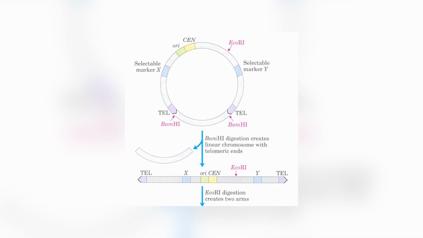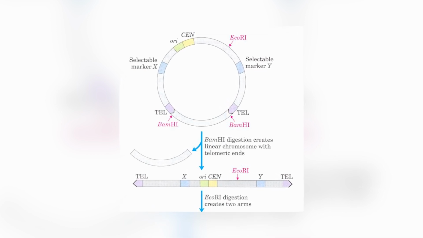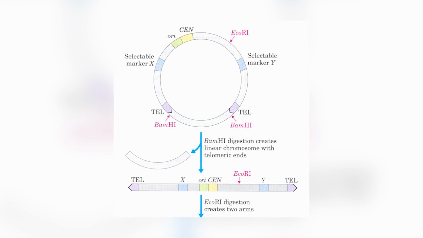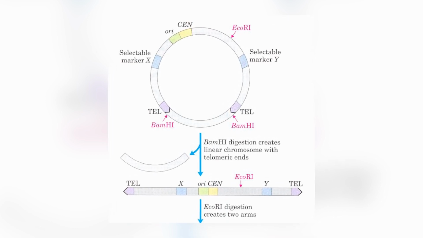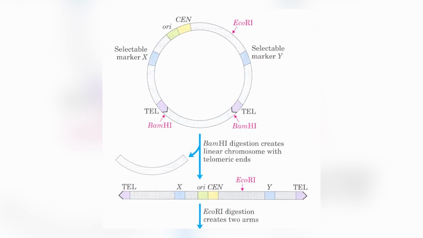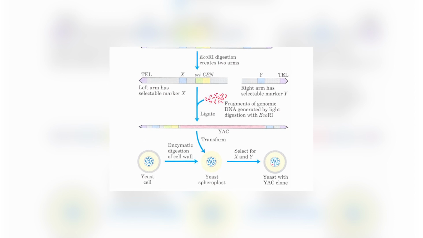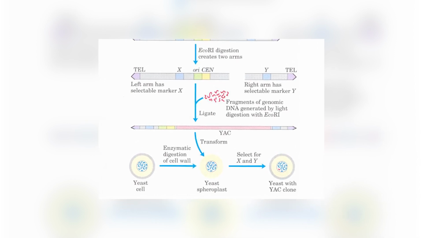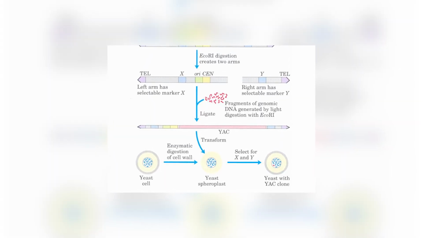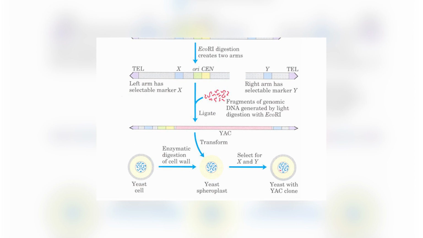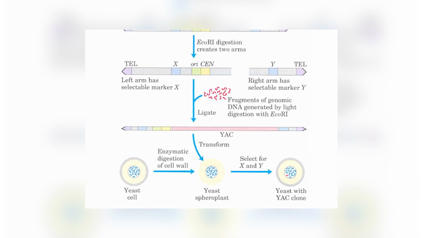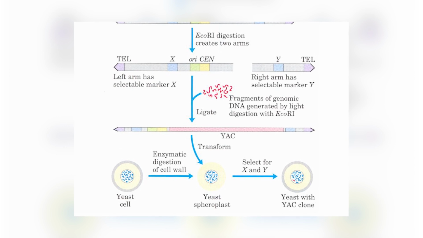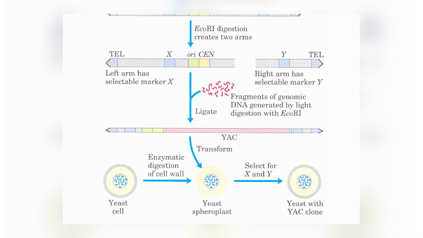The arm flanked by the BamHI sites is discarded, and between the other 2 arms you have the site where you can link them. The EcoRI digestion site is used to create these 2 types of arms. Then, in the polylinker site, at exactly the same site where the restriction enzyme opened the yeast artificial chromosome, you insert the foreign DNA of your interest, and then it is ready to be introduced into the yeast cell.